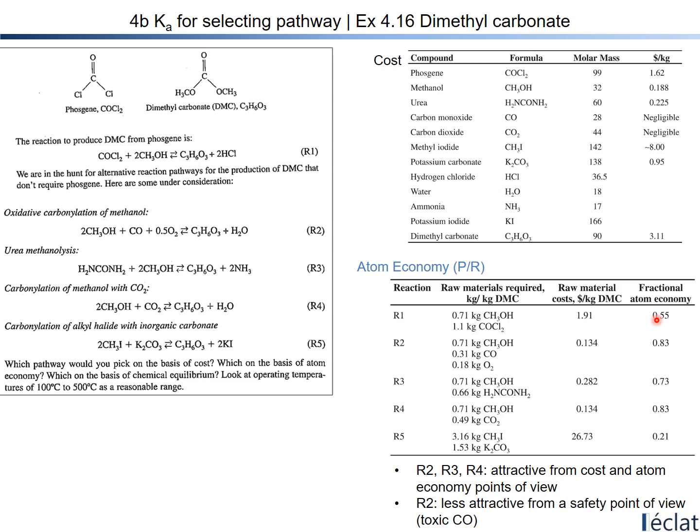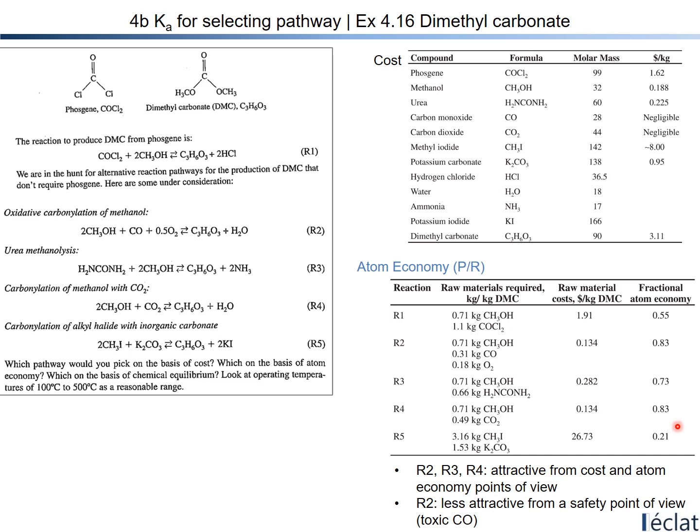In the same way, we could calculate the raw material cost and fractional atom economy for reactions 2, 3, 4, and 5 here. Then you could compare those 5 different reaction pathways in terms of cost and in terms of fractional atom economy.